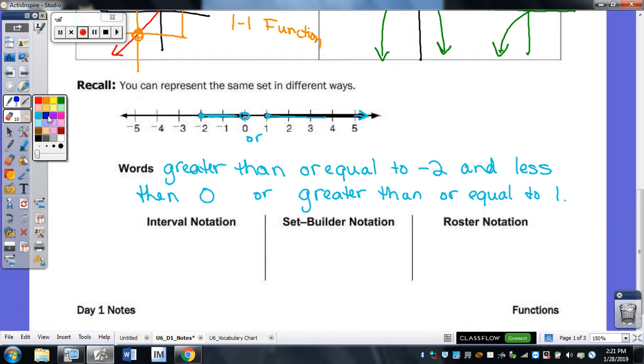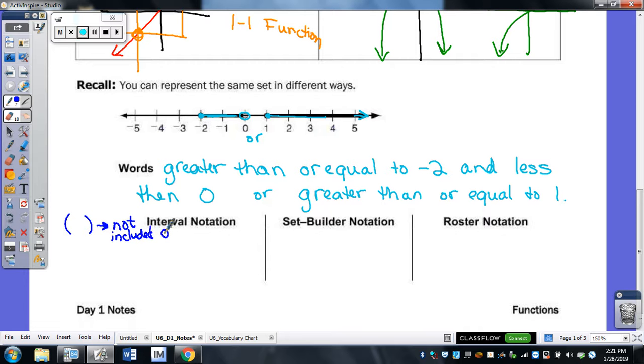Writing it out in words usually takes a long time. So instead of writing things out in words, they came up with these different kinds of notations. Give you a second to finish writing that. All right, so our interval notation, it uses 2 kinds of symbols. It uses parentheses when something is not included.